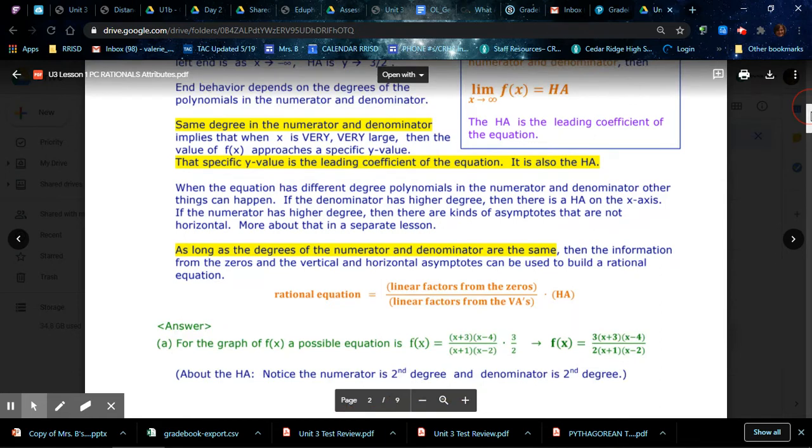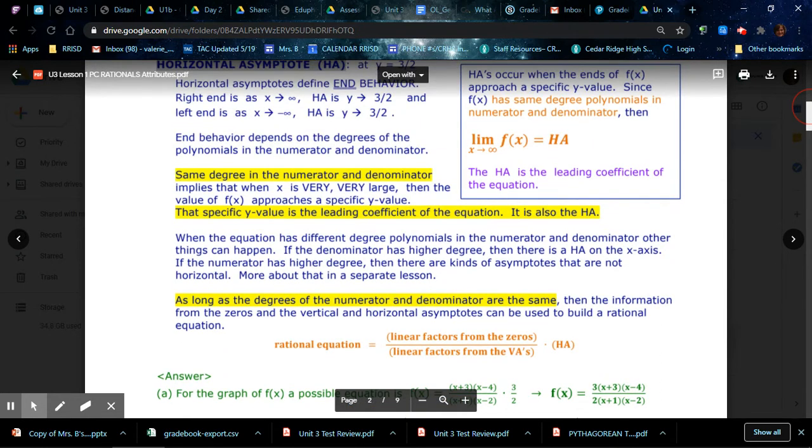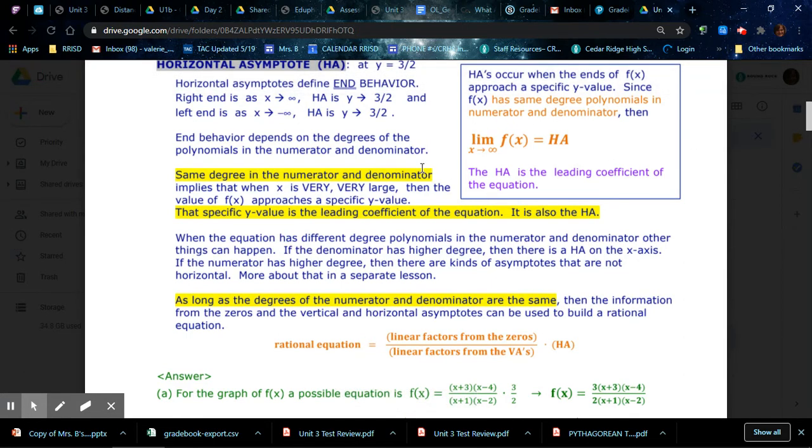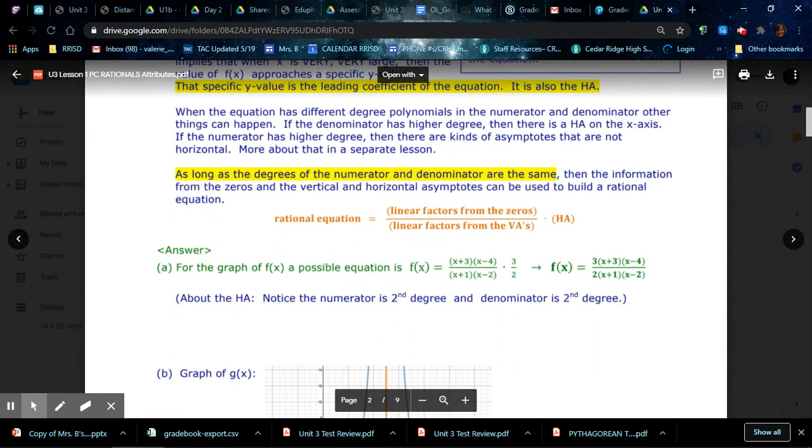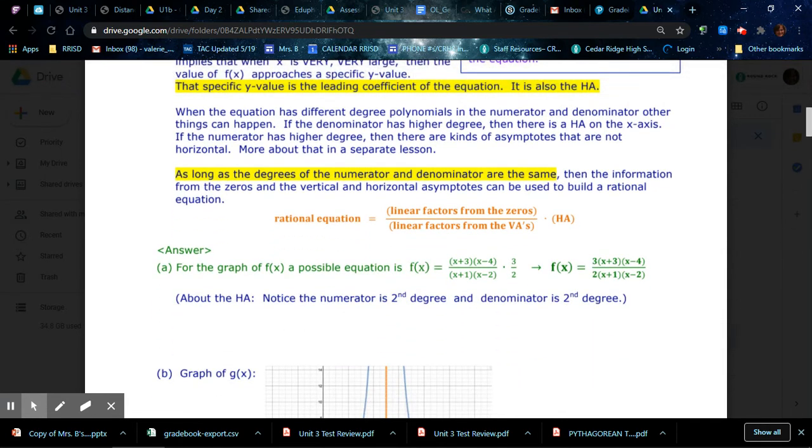In this case, we are going to do 3 different cases. Today, we're just going to look at one, which is when you have the same degree overall in the numerator as you do overall in the denominator. I'm going to show you a couple of examples of this in a second.